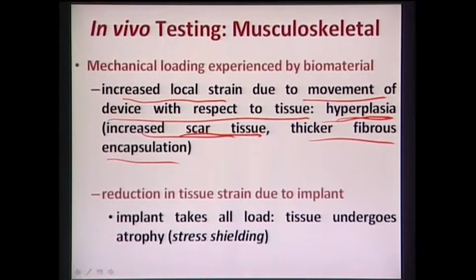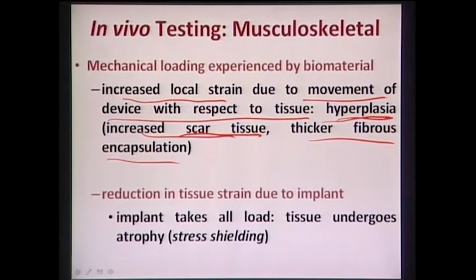Therefore, those cells in the neighborhood will undergo some cellular adaptation process, and one that I have mentioned is hyperplasia, an increase in the cell number. If a large number of cells form, what will happen? They will form a kind of scar tissue, like you might have heard the word scar.